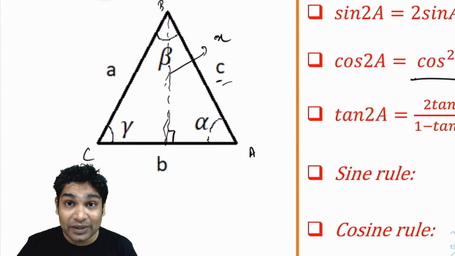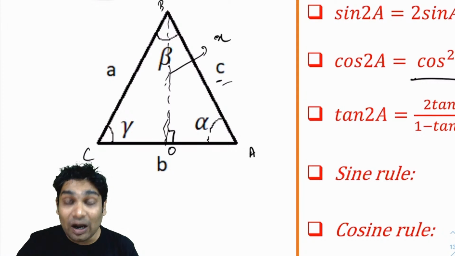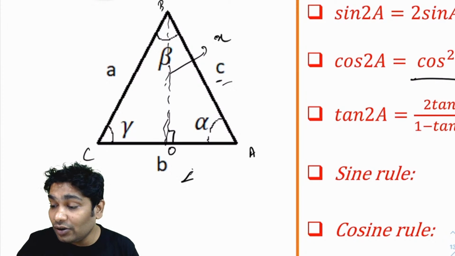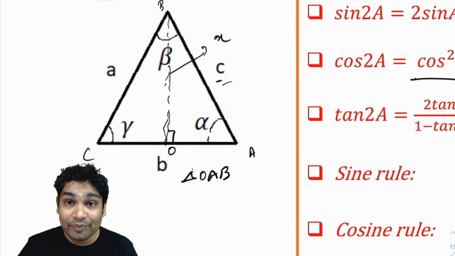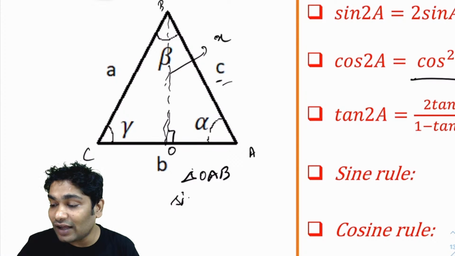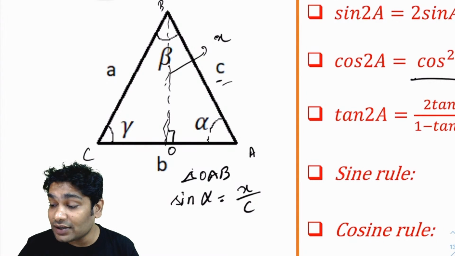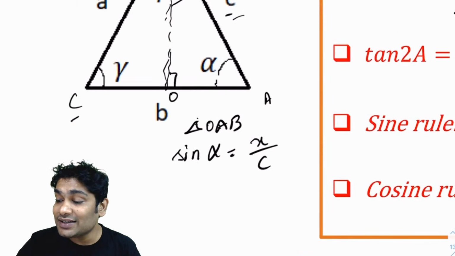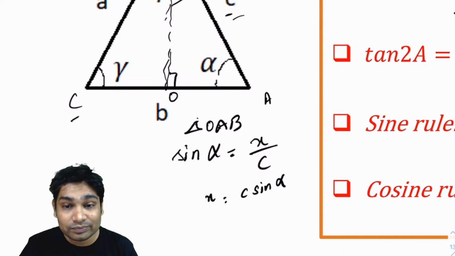So, once you've dropped this, let's call this point O. Now look at the triangle OAB. What is sine of alpha? You will realize sine of alpha is x over c. Right? So from here you can say that x equals c sine alpha.